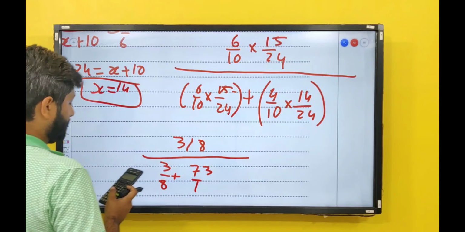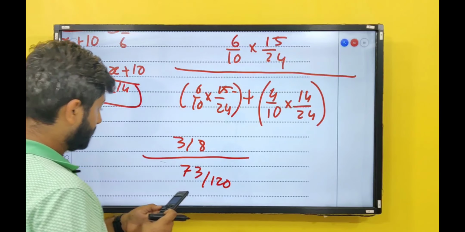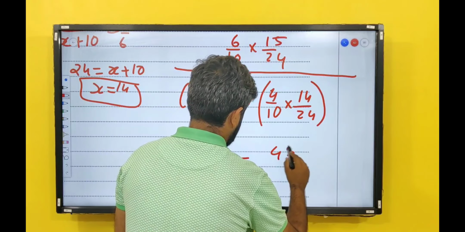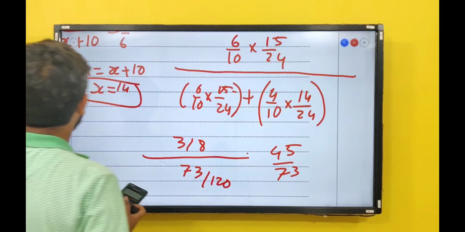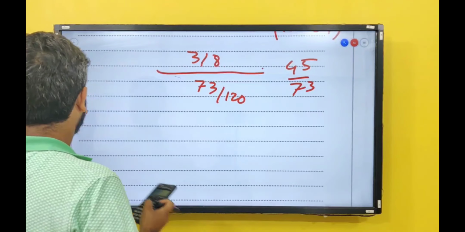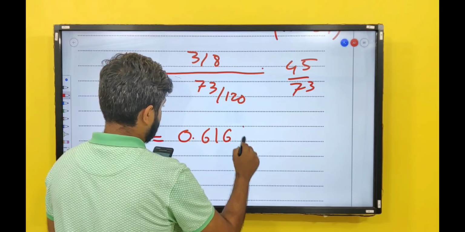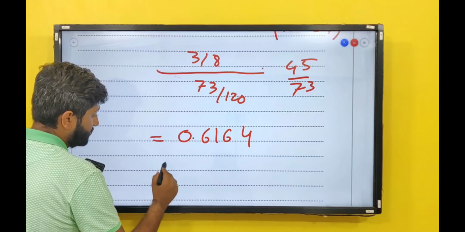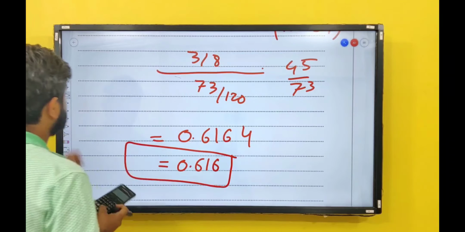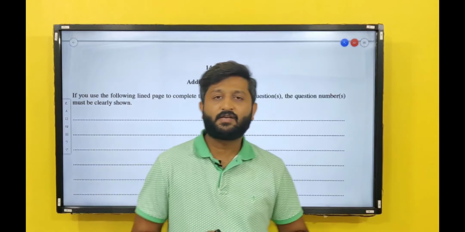So 3 by 8 divided by 73 upon 120. So the answer is 45 upon 73. I think we were supposed to give the answer up to 3 sig fig. Yes. So the probability is 0.6164. So up to 3 sig fig, the answer is going to be 0.616. This is my answer. I think we have successfully completed the paper.